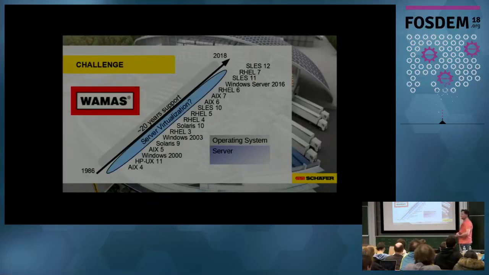So, how to overcome this changing operating systems within 20 years? Well, one could think of server virtualization, but this doesn't help to remove the dependency on the operating system.